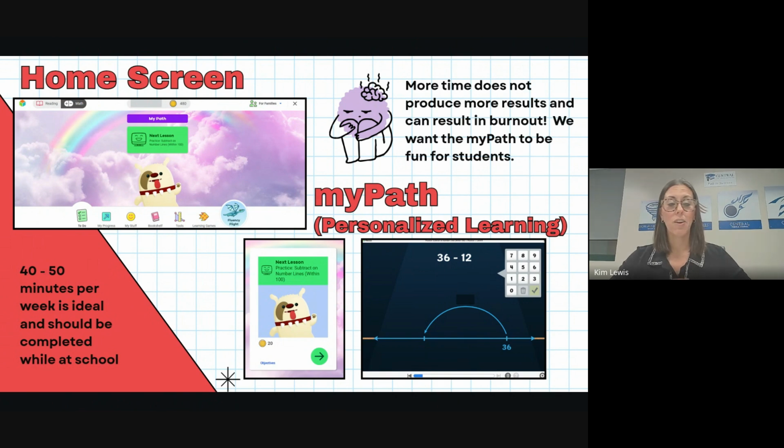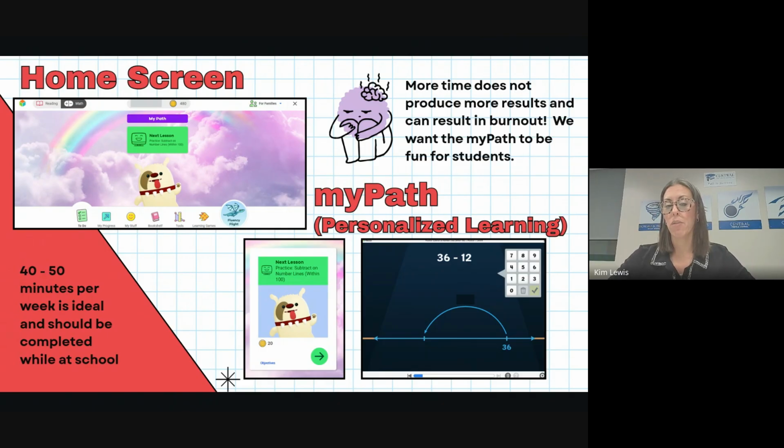Some kids really love it, and they get home and want to keep working on it. They discourage that because there is a fear of burnout. They want MyPath to remain engaging and fun, and if it's pushed on a student and they spend too much time on it, there has been some burnout.